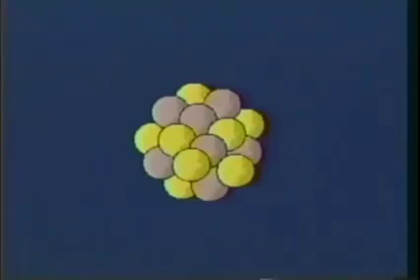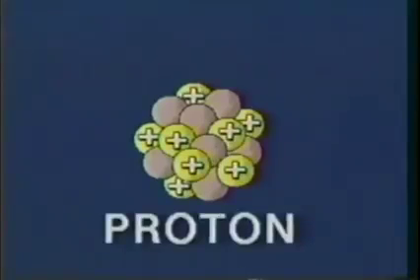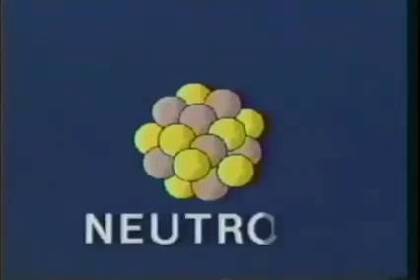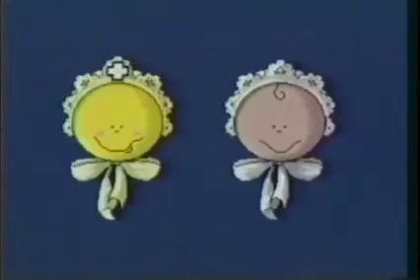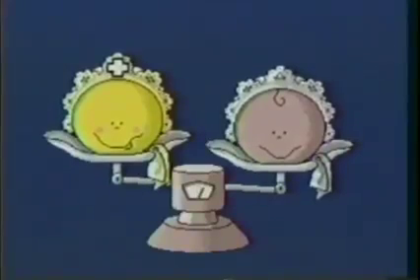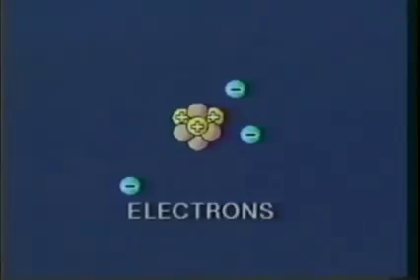Further evidence suggests that the nucleus is made up of particles called protons, which are positively charged, and neutrons, which are neutral in charge. Neutrons and protons are almost identical in mass.